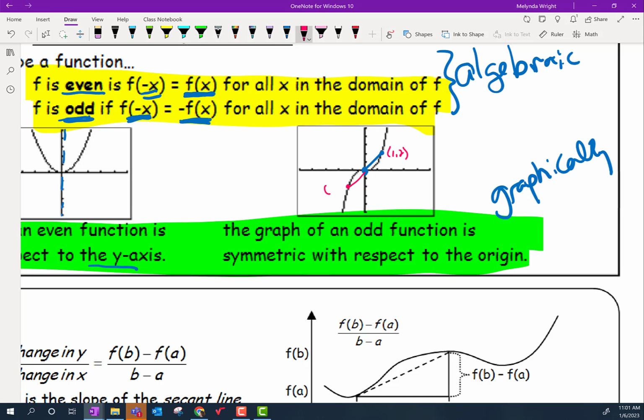The corresponding point would be -1, -2. That's what it means by symmetric with respect to the origin: those points would exactly correspond. Does that make sense? I hope that makes sense. So that is even and odd.